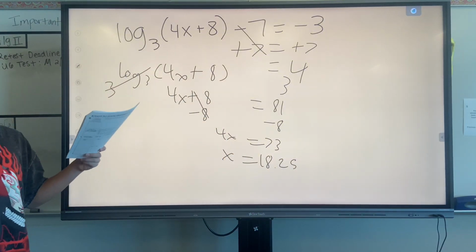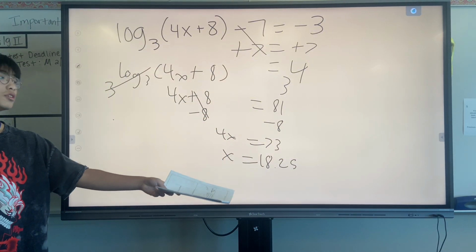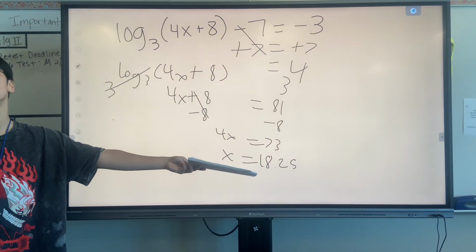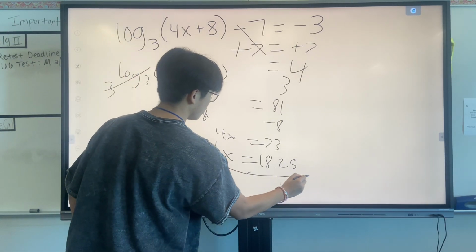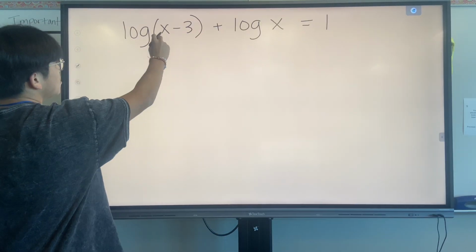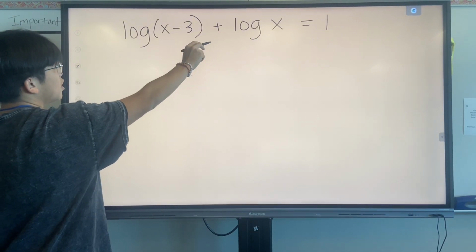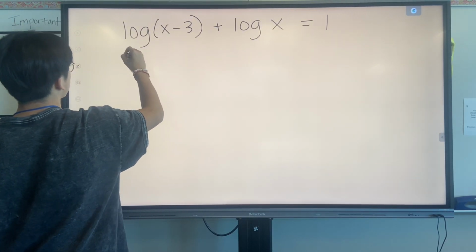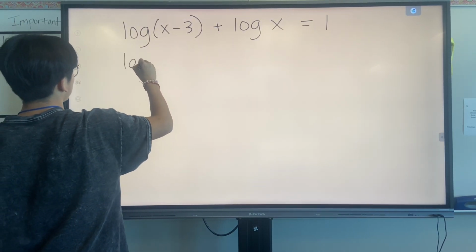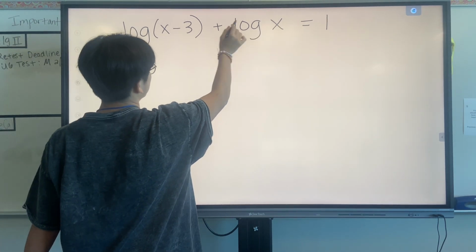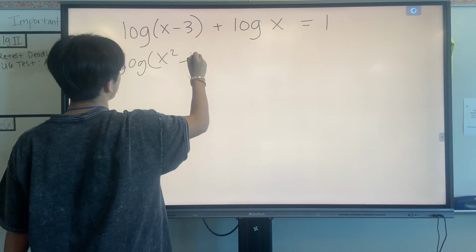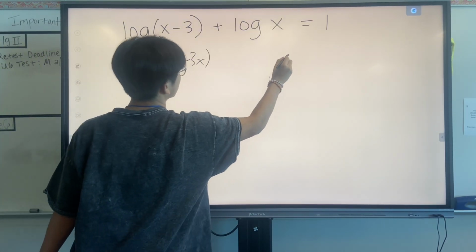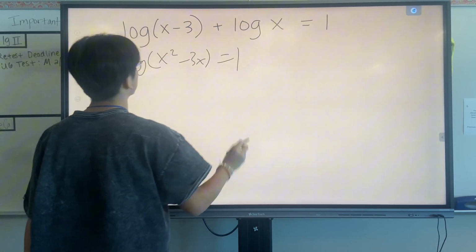And for this one, we still also have to check for extraneous solutions. So can someone tell me, is this a solution or not? It is. Okay. Nice. The bases are the same, common log, but you need to condense it. So you would use the product property on this, and then you'll get x squared minus 3x equals 1.